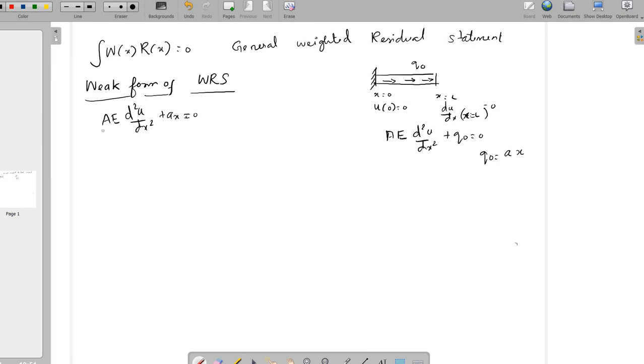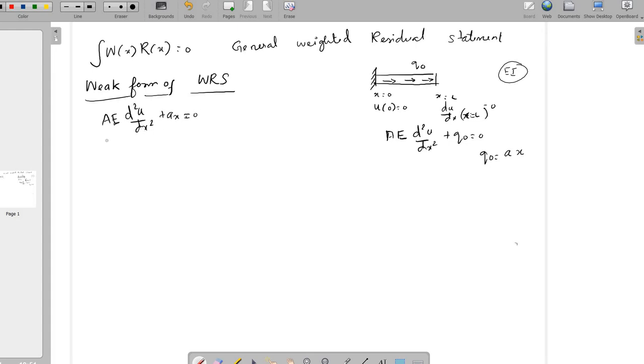Any axially loaded member will have this property AE. Any perpendicular loaded member will have the element EI. So keep in mind the flexural rigidity EI will always be there in the bending problems. So this is the axially loaded problem. Hence we have AE d square u by dx square plus Ax equal to 0.